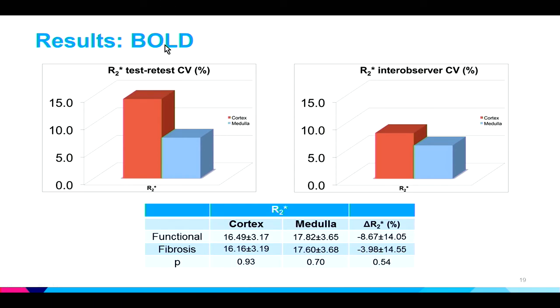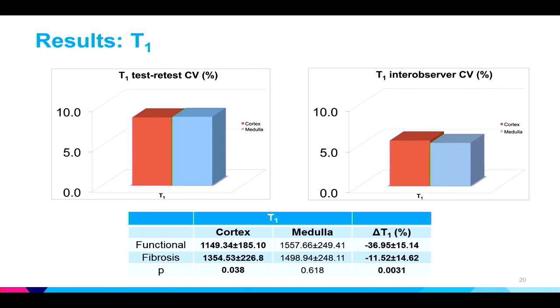BOLD was somewhat less robust on test-retest in the cortex, as shown by a coefficient of variation approaching 15%, and we did not see differences between the groups. So for T1, the measurements were robust, and we saw a prolonged T1 in the cortex of the patients with fibrosis and loss of corticomedullary differentiation as reflected in delta T1 differences.